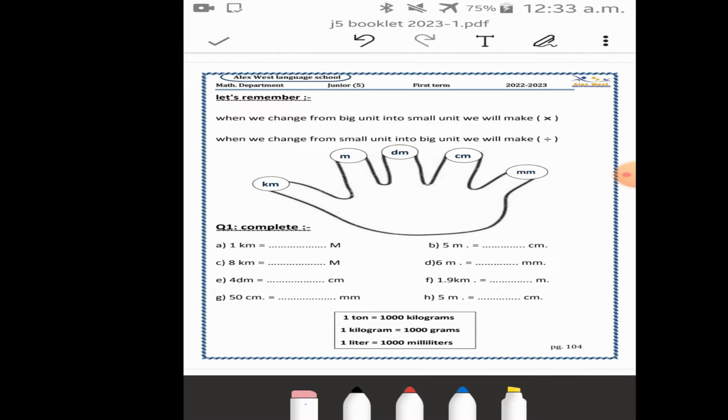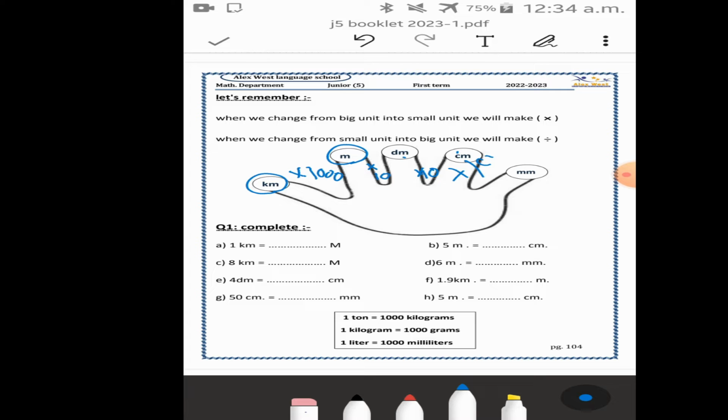If we change from a big unit to a small unit, we have to multiply. If I wanted to change from kilometer to meter, I have to multiply by 1,000. If I want to change from meter to decimeter, I have to multiply only by 10. And from decimeter to centimeter, of course, multiply by 10. From centimeter to millimeter, multiply by 10.